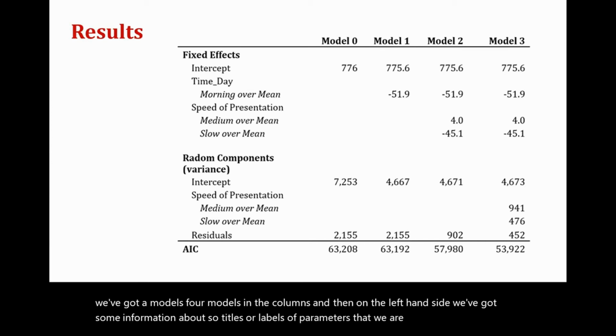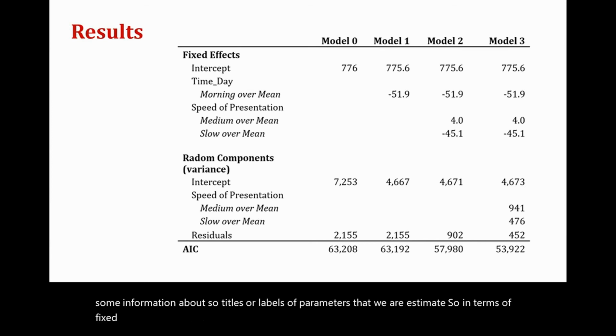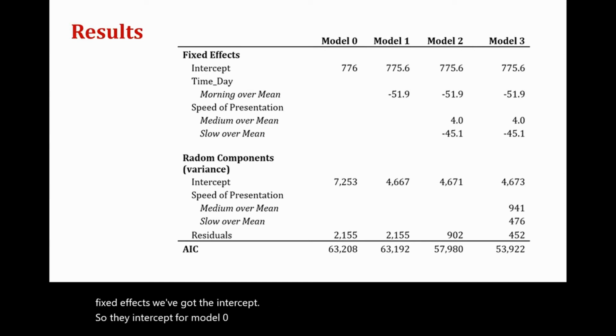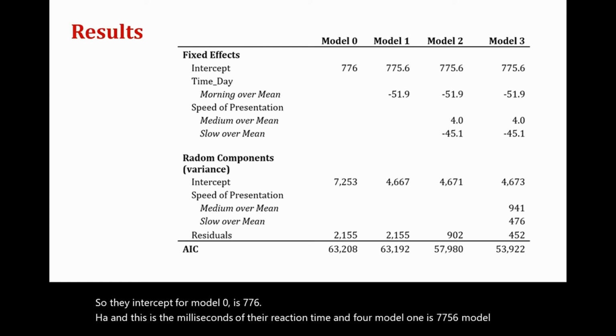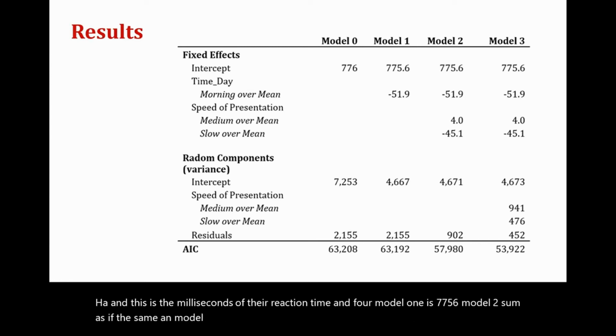In terms of fixed effects, we've got the intercept. The intercept for model 0 is 776, and this is in milliseconds of reaction time. For model 1 it is 775.6, model 2 is the same, and model 3 the same. So there is not much variability in the intercept across the different models.